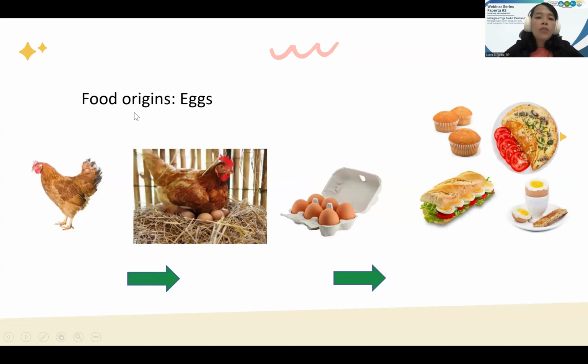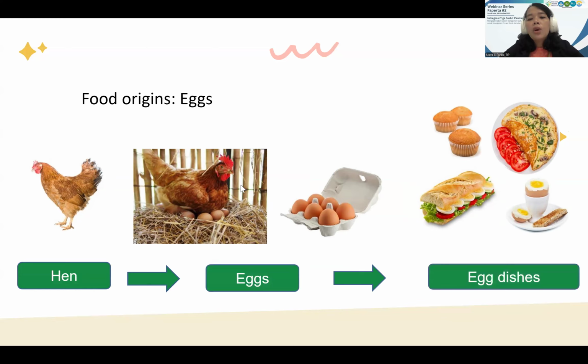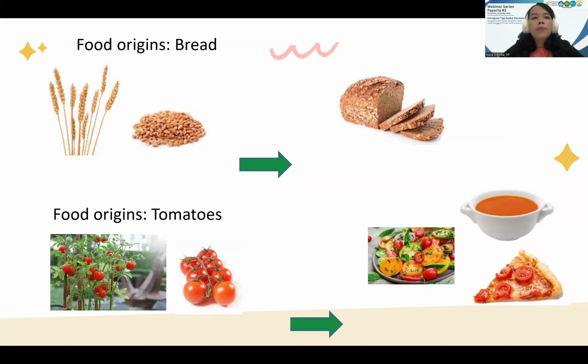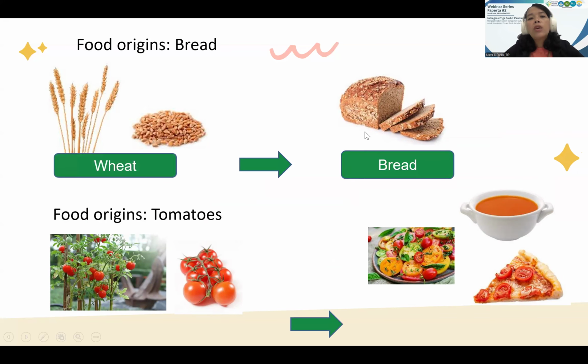And the food origin of eggs, we get the eggs from hens, and then we add the eggs into a dish, for example in this cake or in this pizza. And the food origin of potatoes, we can process them and make them into potato dishes. For bread, from the wheat, we process and then we make bread.